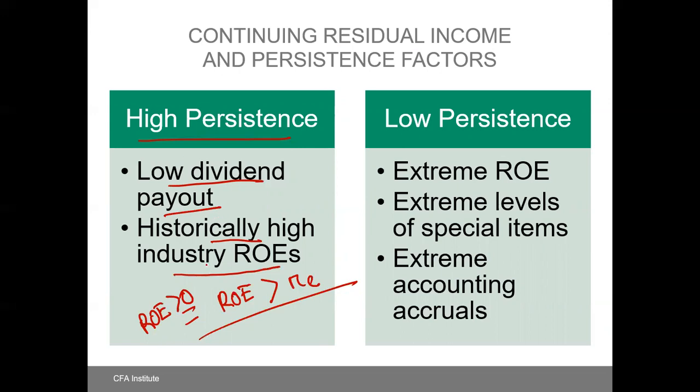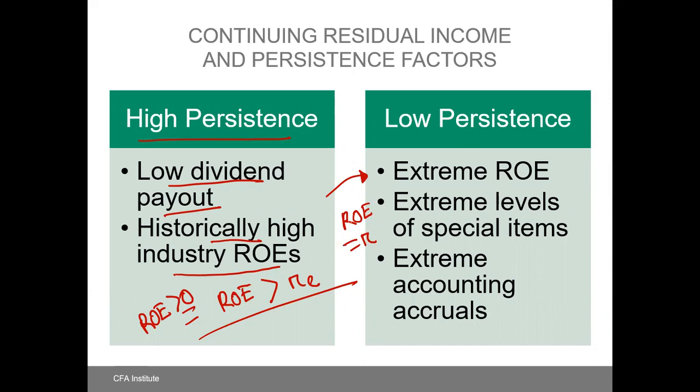And the opposite reasons are responsible for low persistence. The firm has an extreme ROE in past periods, but now the firm is expected to face a situation where ROE is equal to R, or R is greater than ROE.